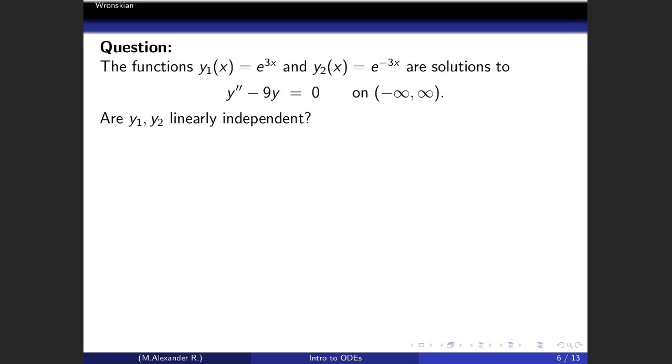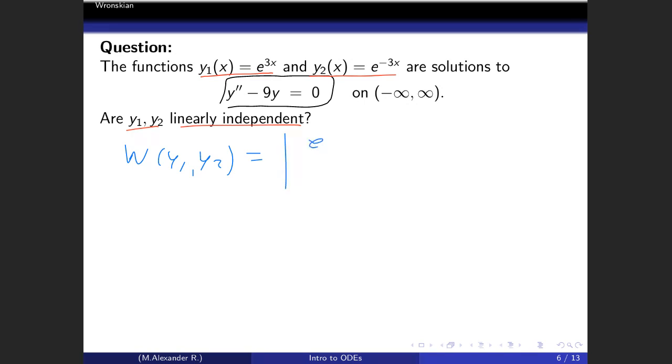All right, so another example, same question as before, a different differential equation, and we have the y1 and y2 functions. We want to know whether those two functions are linearly independent or dependent. So let me calculate the Wronskian here for you. These are just several examples to get comfortable with the idea.